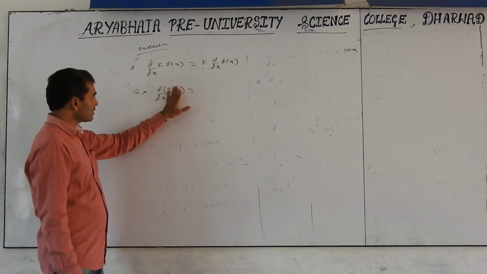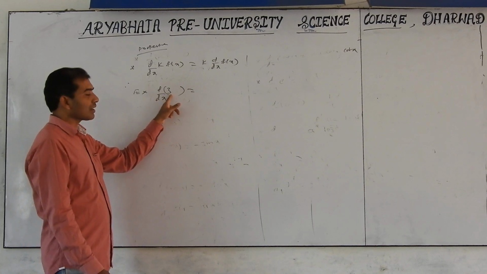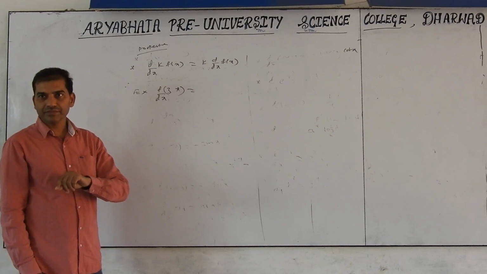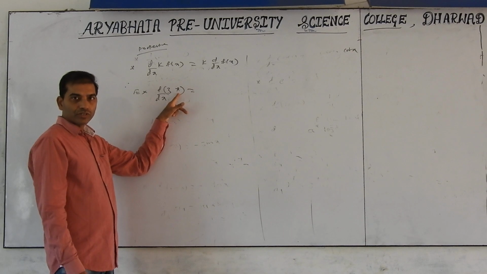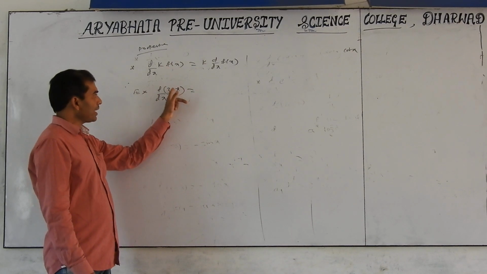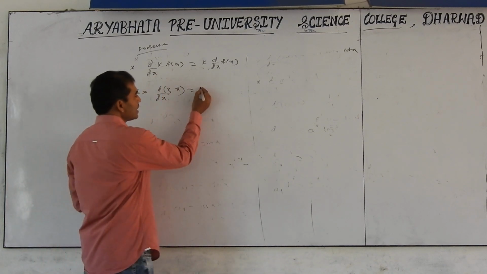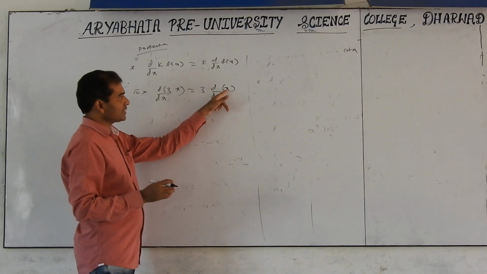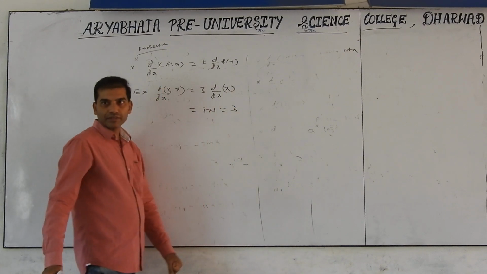Only if 3 alone is there, the value becomes 0 because it is wholly constant. When you multiply by x, it is not a constant function. It is a function. So in that, 3 is a separate constant and x is variable. So 3 can be taken out like this. Don't apply differentiation to it. Take 3 out by using this property: 3 into d by dx of x. The derivative of x is 1. So 3 into 1 equals 3.